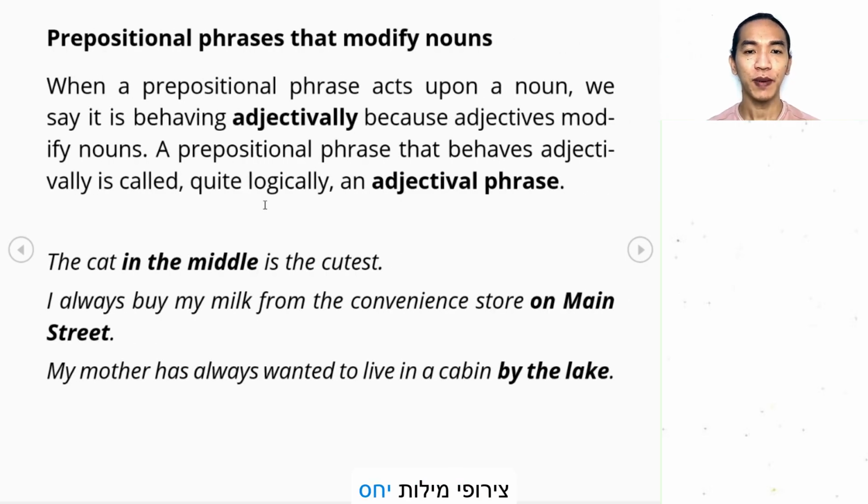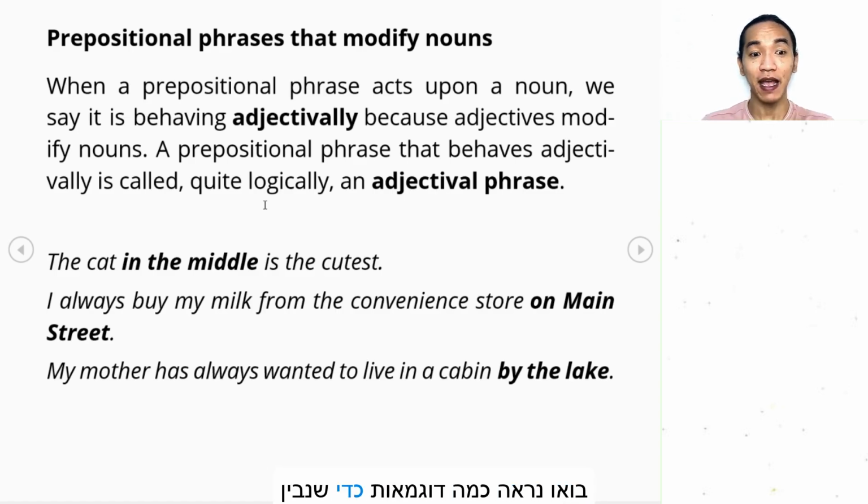Now, prepositional phrases that modify nouns. When a prepositional phrase acts upon a noun, we say it is behaving adjectivally, because adjectives modify nouns. So remember, when your prepositional phrase modifies or describes a noun, then we call it an adjectival phrase.